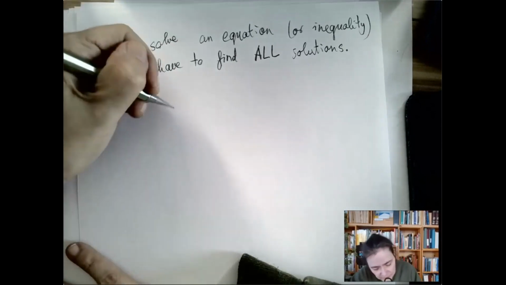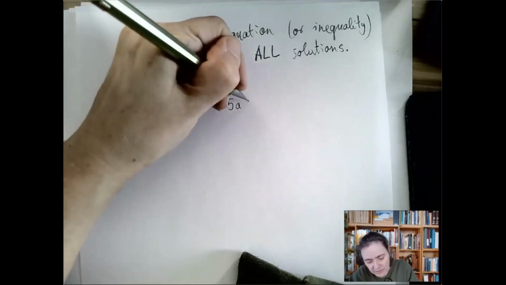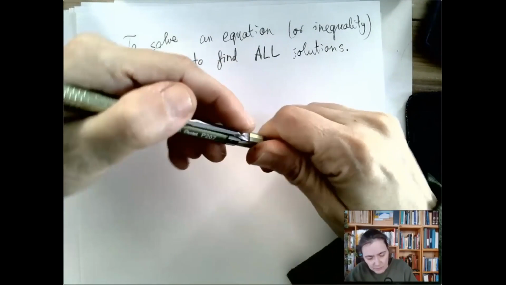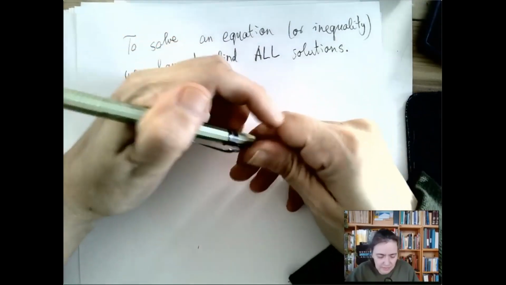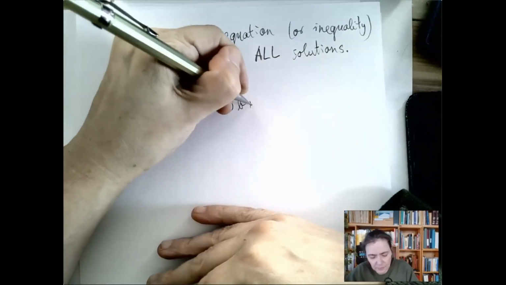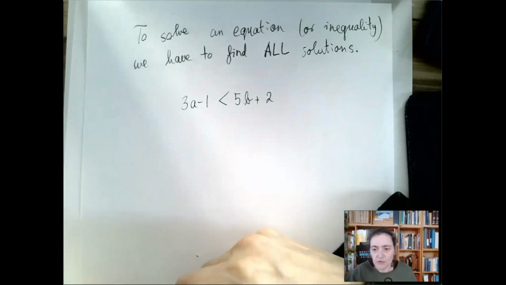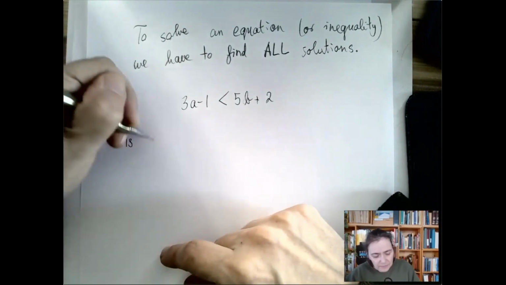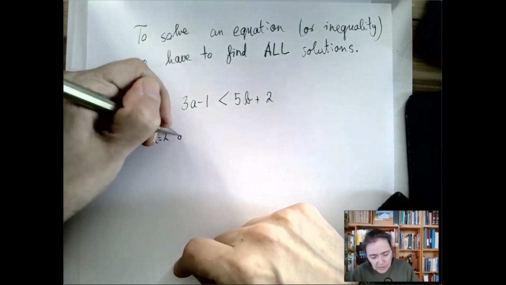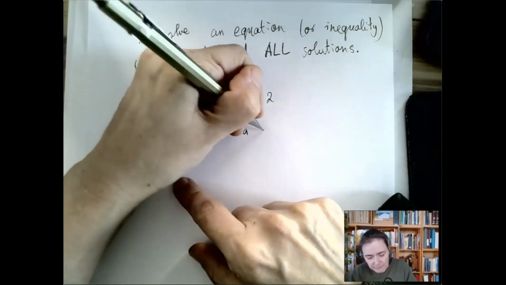Like, check this out. 3a minus 1 is less than 5b plus 2. Now, this has 2 unknowns in it. So a solution would be a pair of numbers for a and b that makes this true. So is a equals 2 and b equals 3 a solution, that pair?